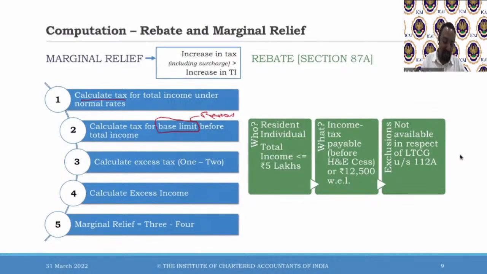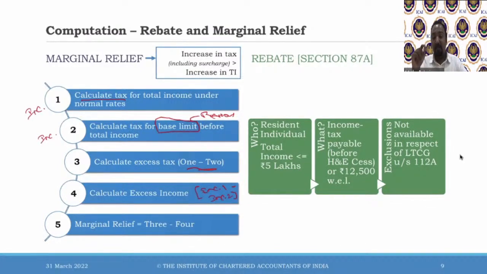Now you calculate excess tax, that is, 1 minus 2, a simple subtraction. Now you calculate excess income. What is excess income? The total income minus the base limit, that is, the income used in 1 minus the income used in 2. That gives you the excess income.